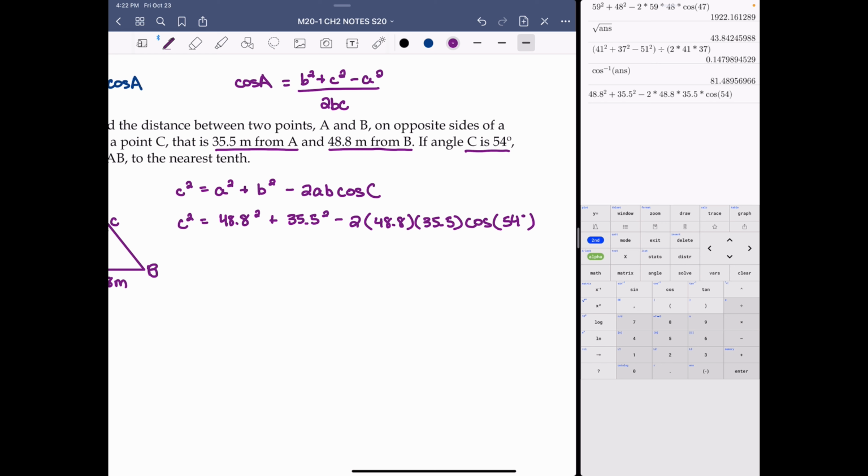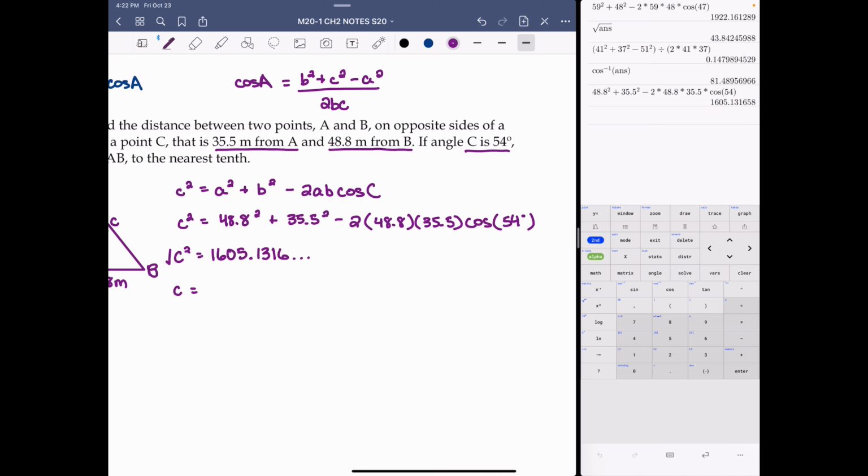Double check it. 48.8 squared plus 35.5 squared minus 2 times 48.8 times 35.5 times cos of 54, and we get 1605.1316. C squared equals 1605.1316. That is C squared, but we don't want C squared, we want C.